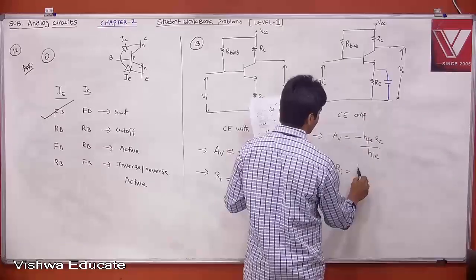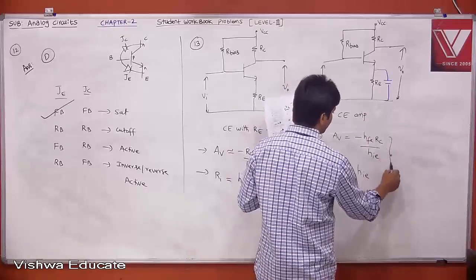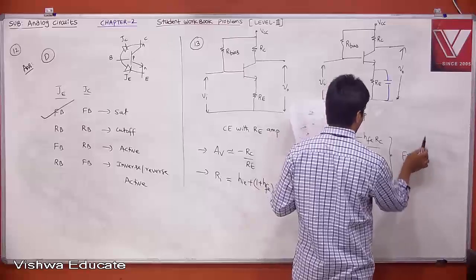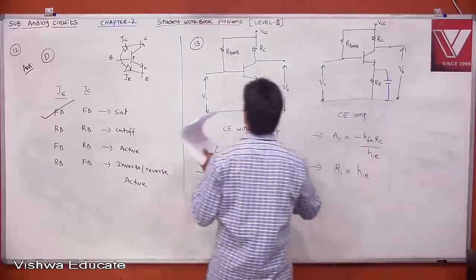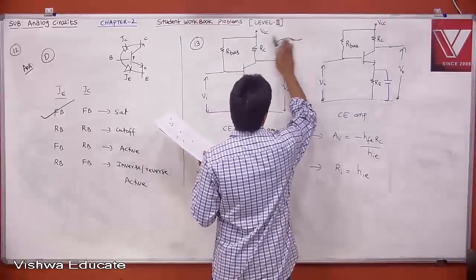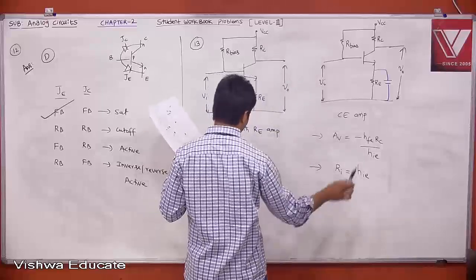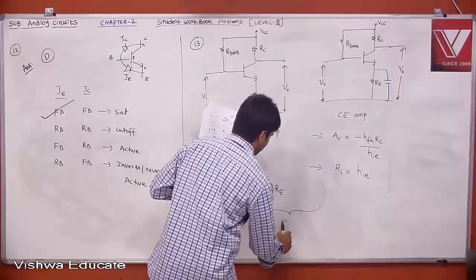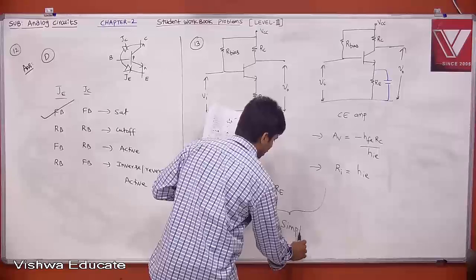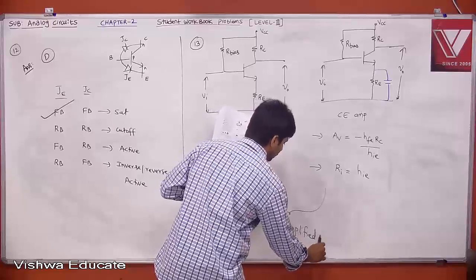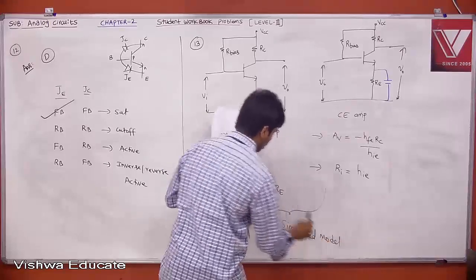If you take input impedance, that is nothing but simply HIE from the simplified model. Both these two formulae are for the simplified model. Therefore, now what is the conclusion?